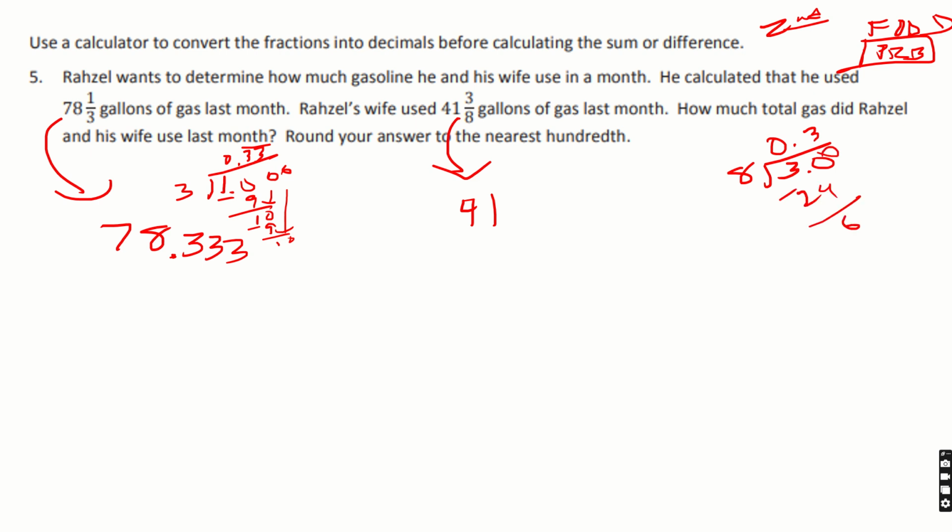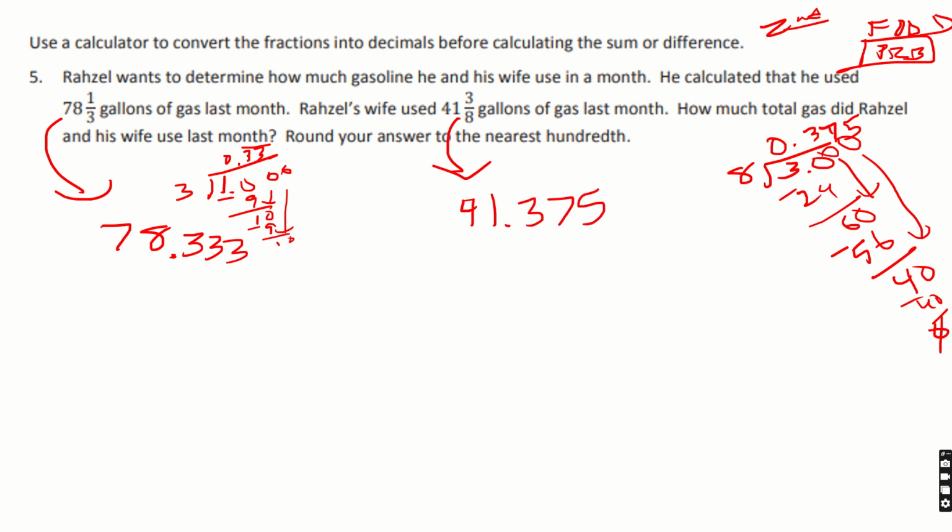That's a 6. 8 goes into 60 7 times. 7 times 8 is 56. And 60 minus 56 is 4. 8 goes into 40 5 times. And 5 times 8 is 40, and there's no remainder. So now we have that 0.375.